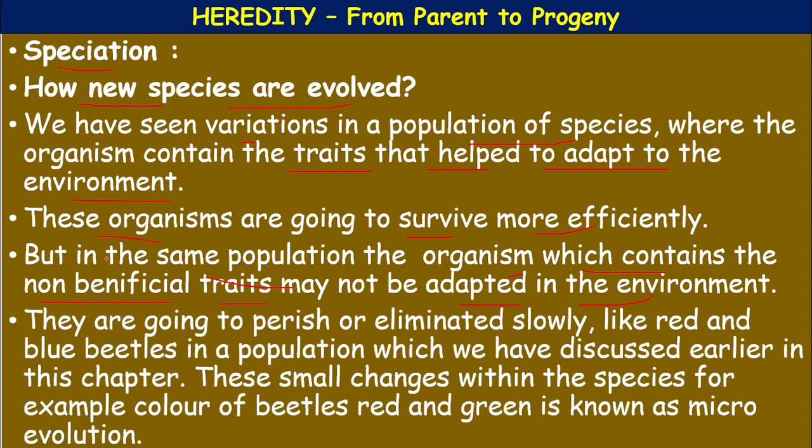Those organisms which have non-adaptable characters are going to be eliminated slowly, like the red and blue beetles in a population which we have discussed earlier in this chapter. So, these small changes within the species, for example, the color of the beetles, red and green, are known as microevolution.